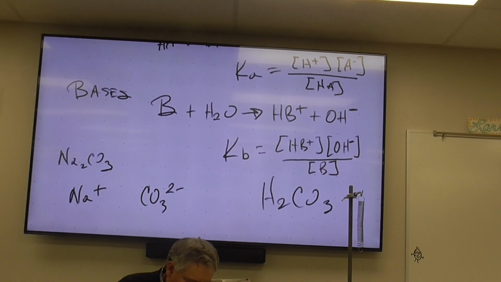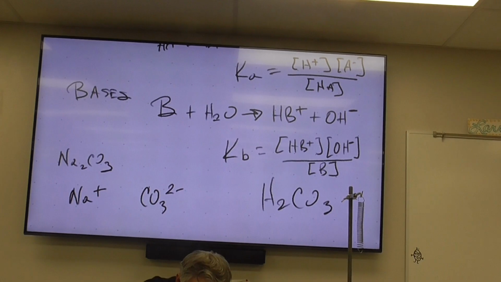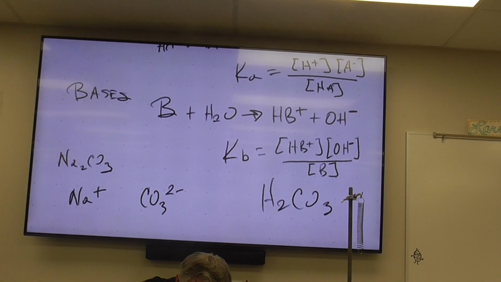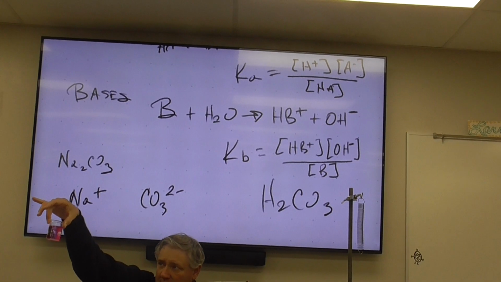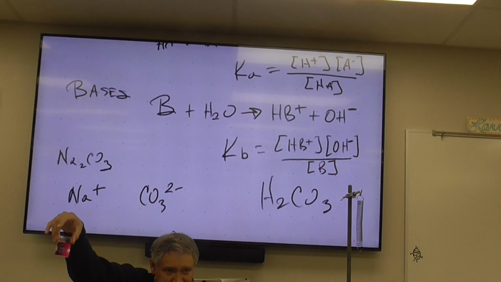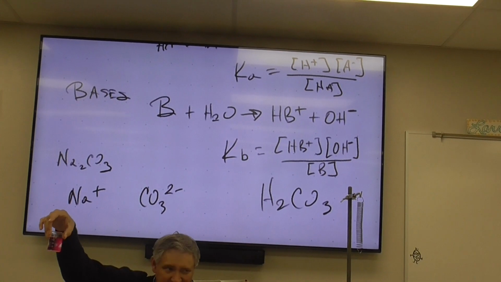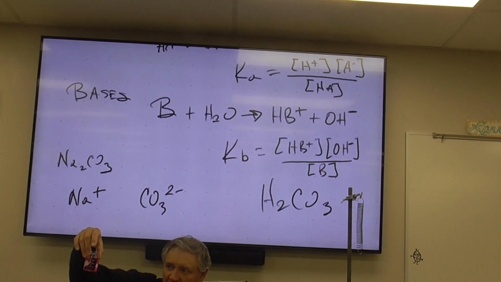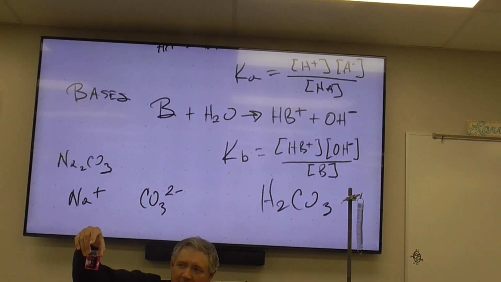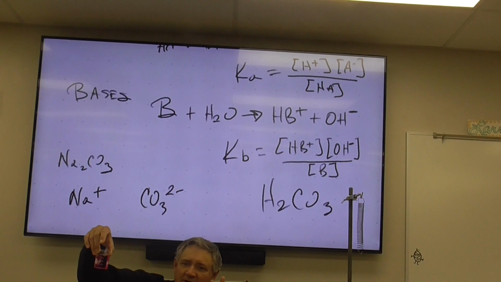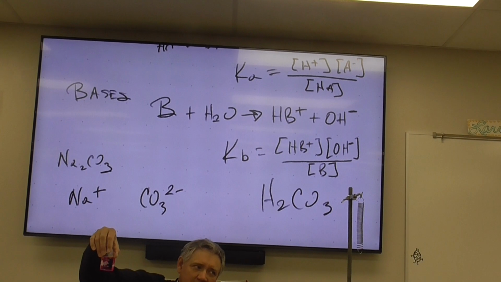So if I take some of this and just sprinkle that in there, you'll notice as soon as that hits, it turns magenta. Here's the beauty of chemistry: I can mix two clear solutions, water and phenolphthalein, add a white powder to it, and make it turn magenta.